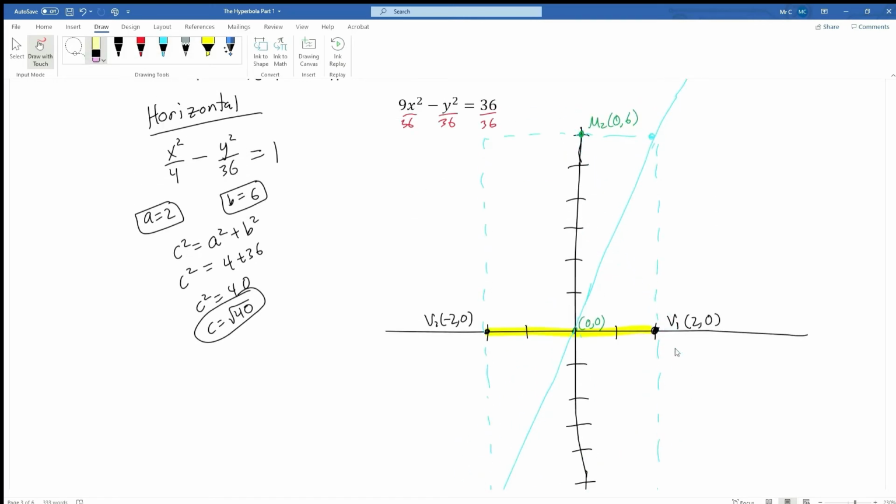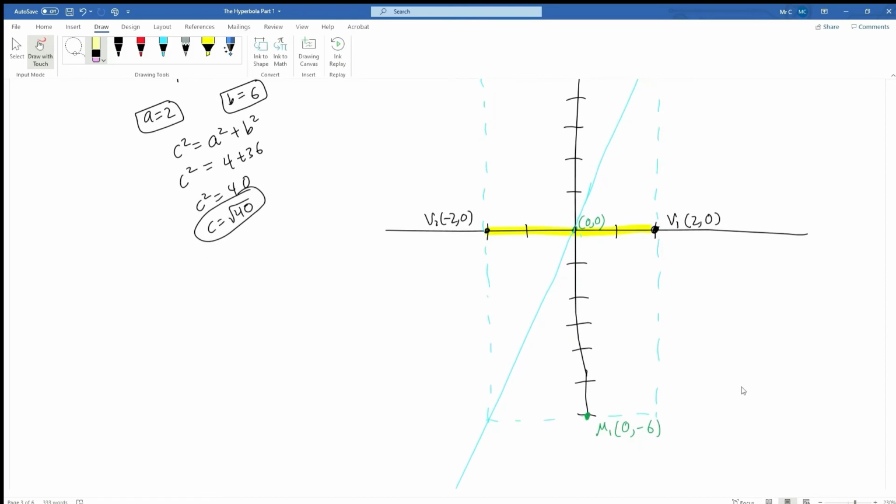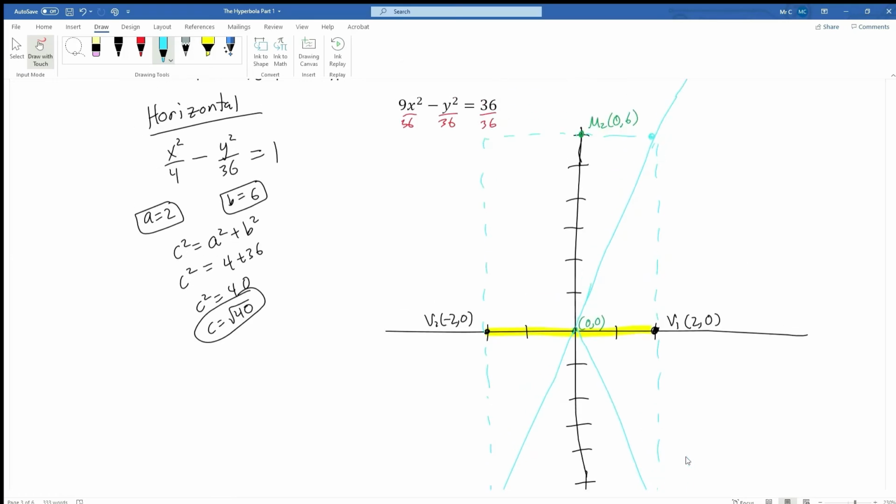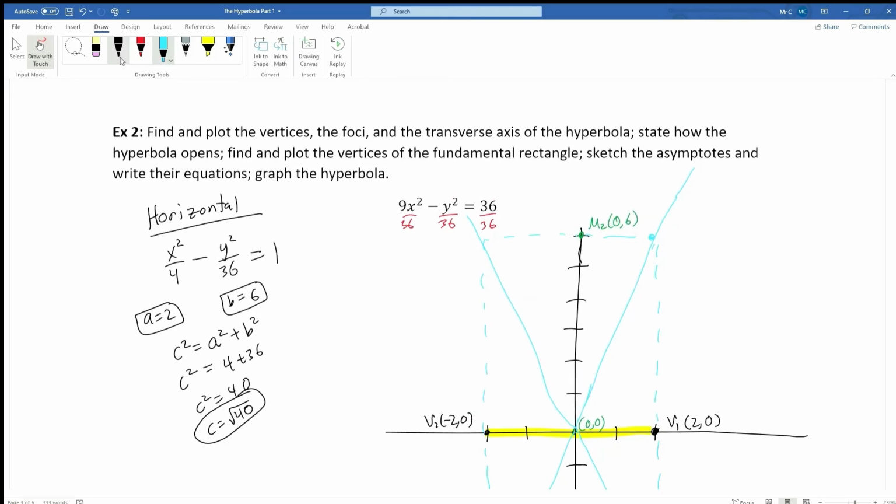Oh, a little glitch there. Let's try that again. And let's see what these equations are.